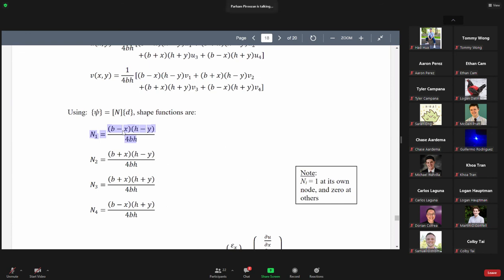I want 3 people to tell me whether it is yes or no. Tell me if you evaluate this at node 1, we get 1 or not?